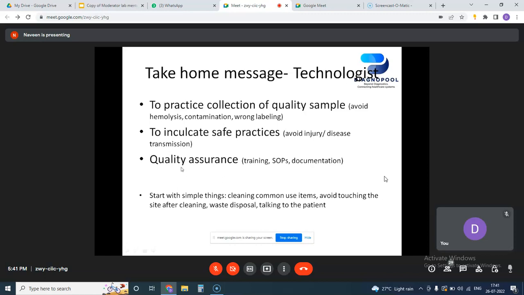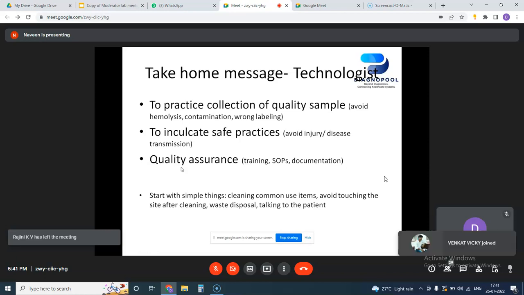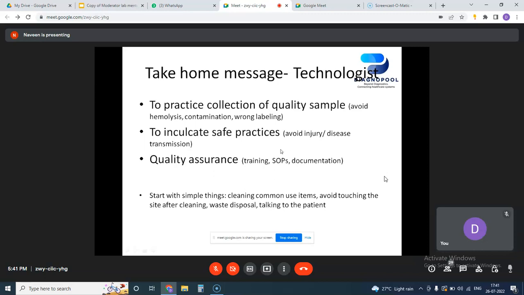The next is quality assurance, which includes training of the technicians. And technologists should also know that there will be SOPs for each and every procedure. SOP means standard operative procedures.